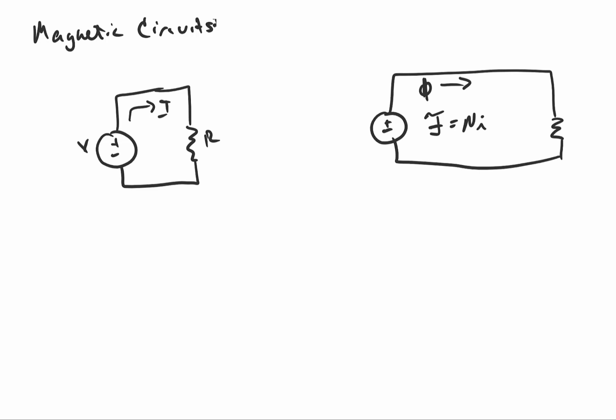And the analog for the resistance in the magnetic circuit is the reluctance, the magnetic reluctance. Okay, so F is the magnetomotive force. Phi is the flux.